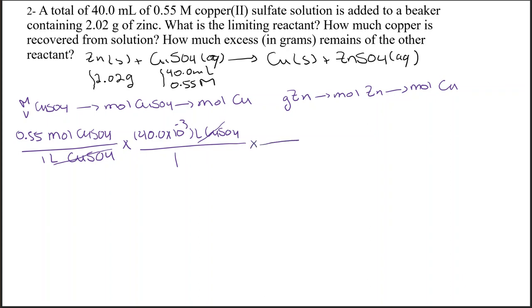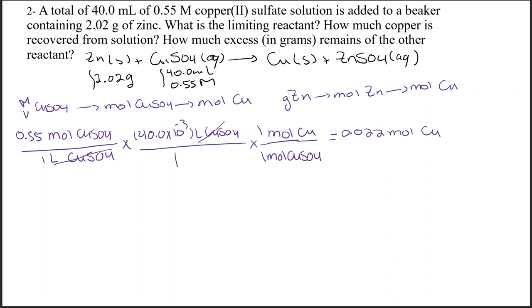Now based on the balanced reaction, each mole of copper 2 sulfate produces 1 mole of copper. So from here, I would expect 0.022 moles of copper. So what this means is that if all 40 milliliters of 0.55 molar copper 2 sulfate is consumed, I would expect to get 0.022 moles of copper.